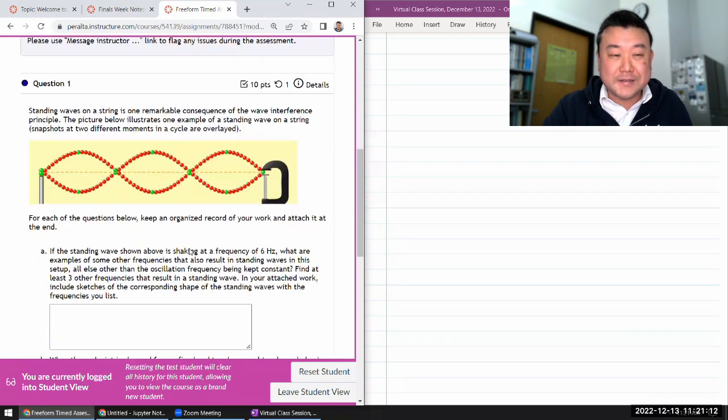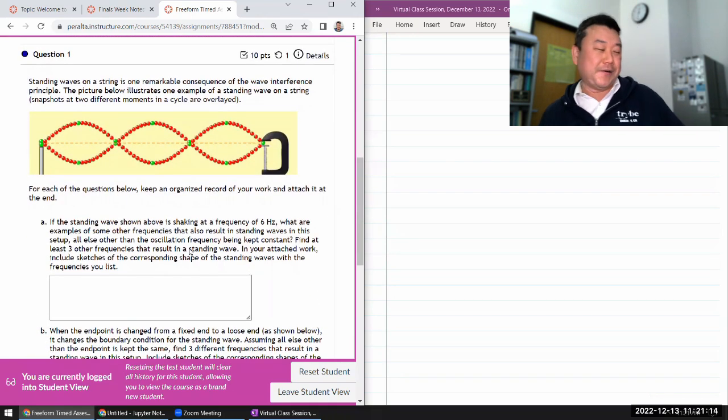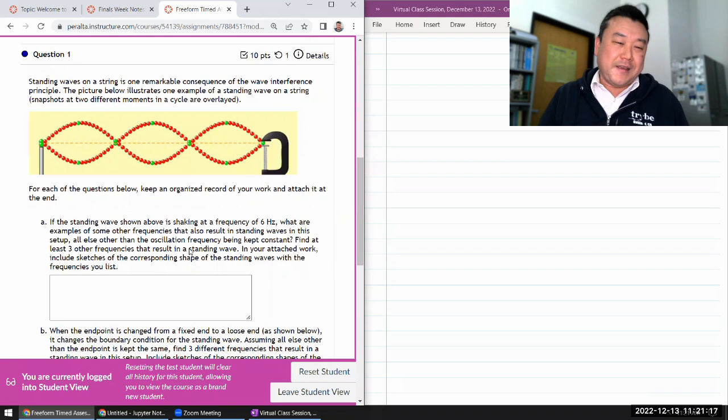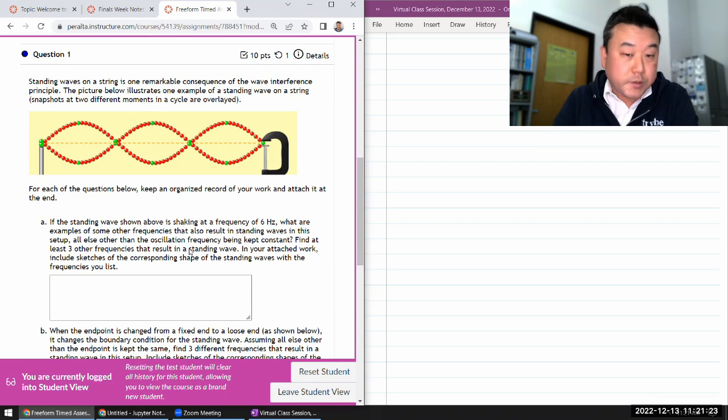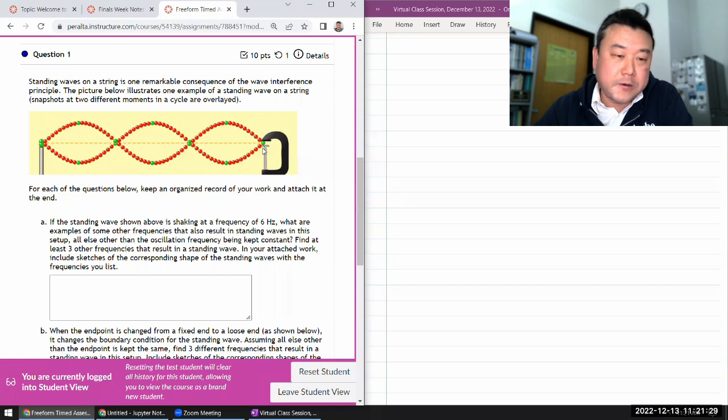Okay, now it's a new question. Let me do this one. It says standing waves on a string are one remarkable consequence of the wave interference principle. You've seen it in the lab, and you've seen this demo in lecture videos.